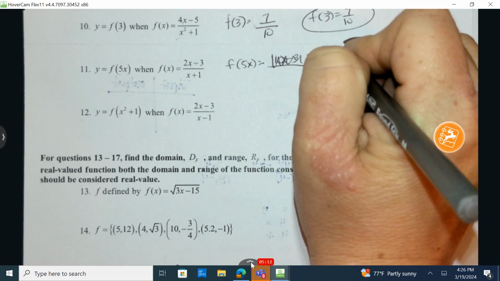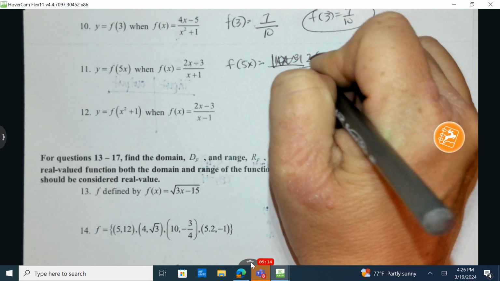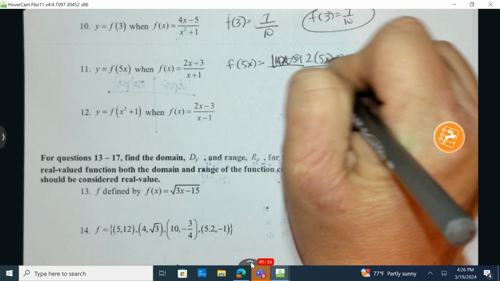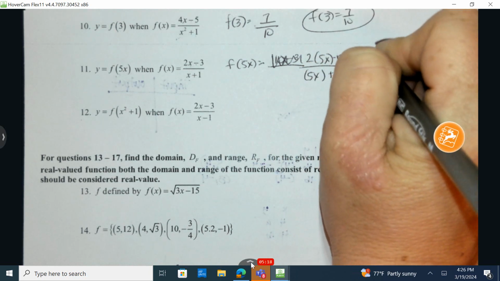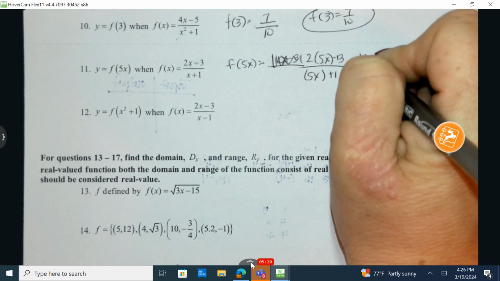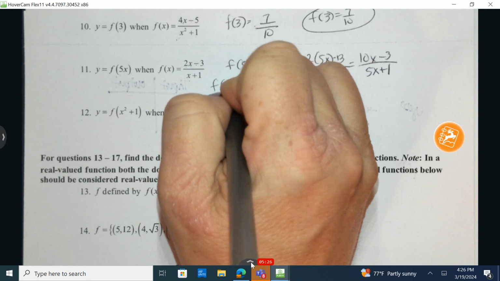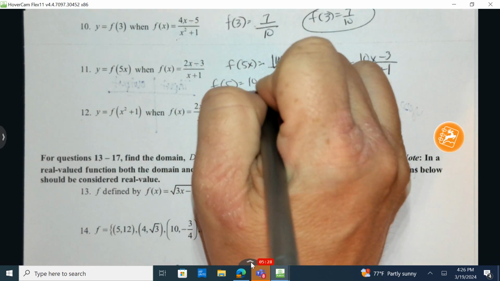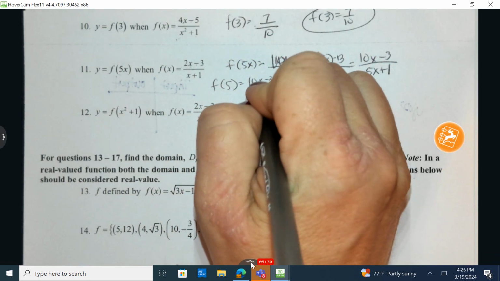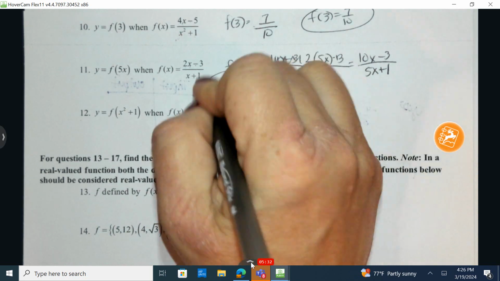Let me go back and show all my work. Okay, so I have 10x minus 3 over 5x plus 1. And that's all I can do for this problem. So f of 5x equals 10x minus 3 over 5x plus 1.